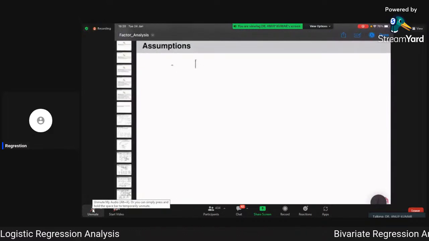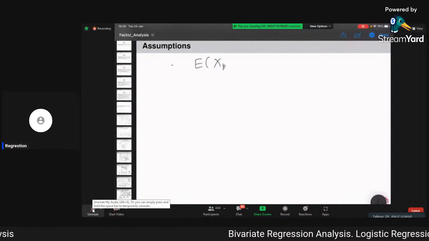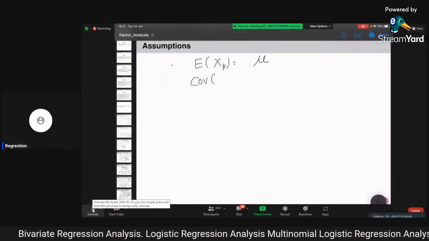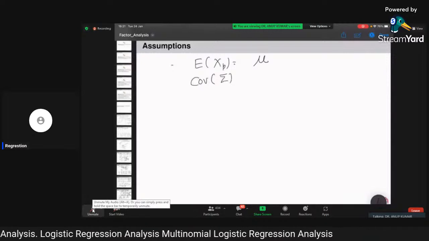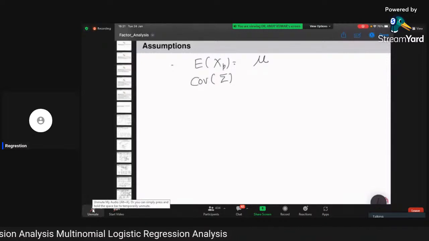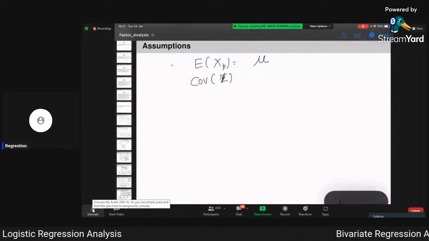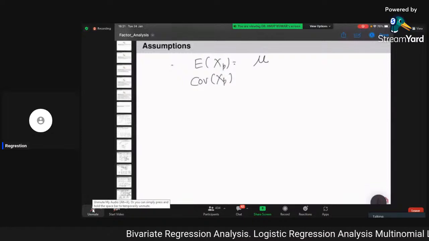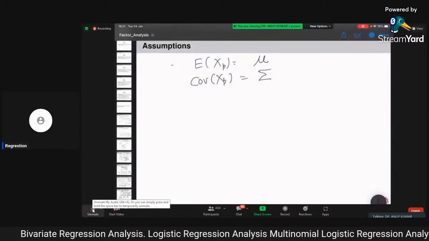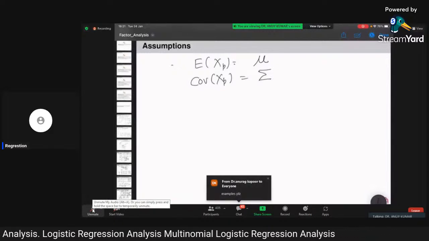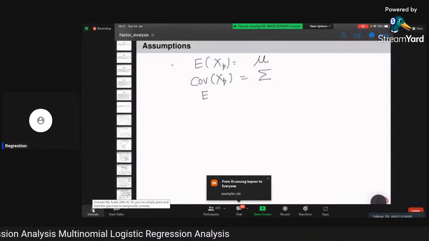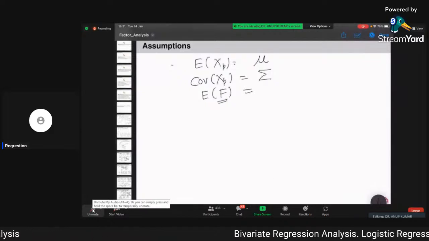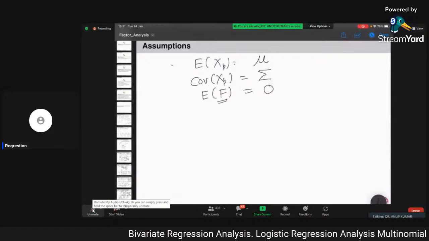One assumption is that the mean vector of x is represented by mu. The variance-covariance of x is represented by the variance-covariance matrix sigma. Another very important thing is that on an average, the mean of these factors will be 0.